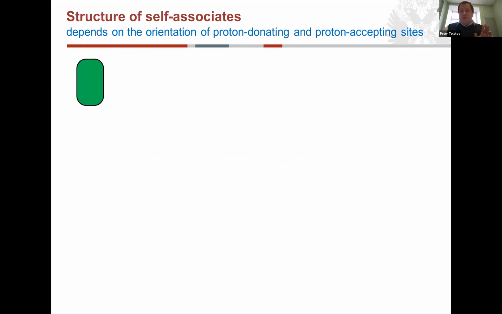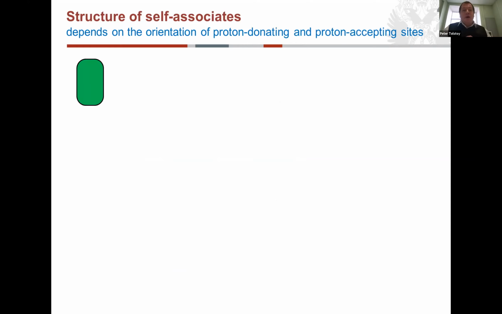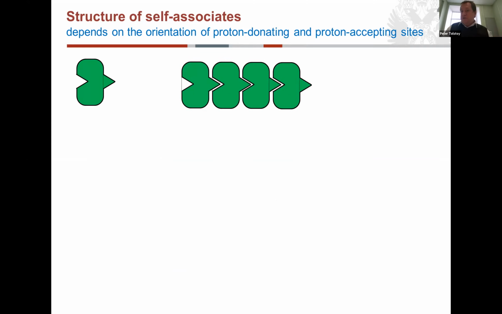The type of non-covalent interactions I'm going to talk about is hydrogen bonds. If we take a molecule and give it a proton donating spot and a proton accepting spot on opposite sides of the molecule, then such molecules will be able to form chains. If we take a different molecule and give it a proton donating spot and a proton accepting spot on the same side of the molecule, these molecules will be able to form cyclic dimers.